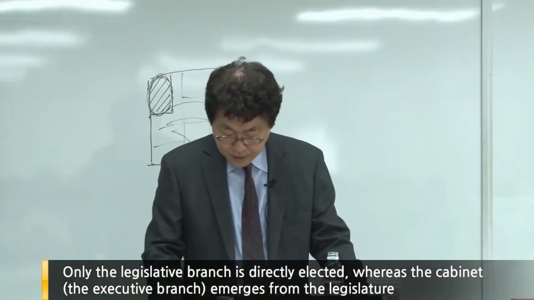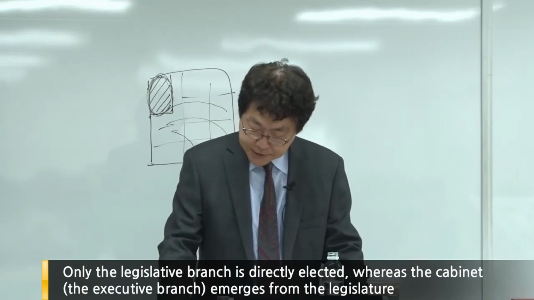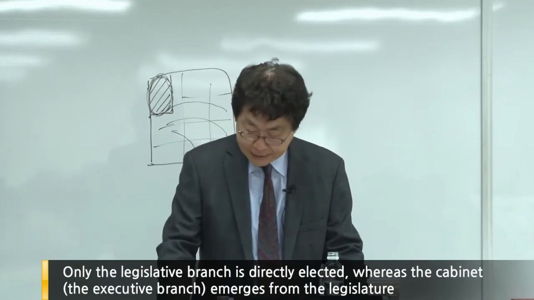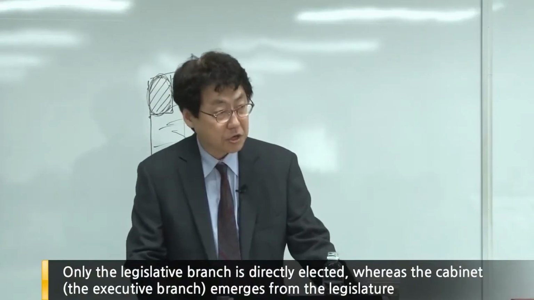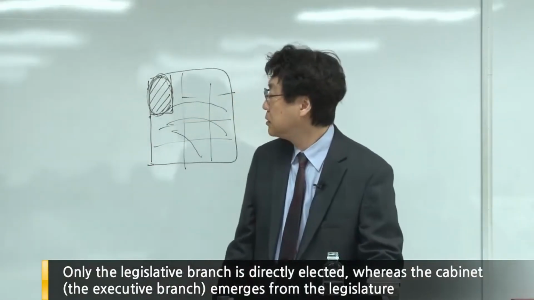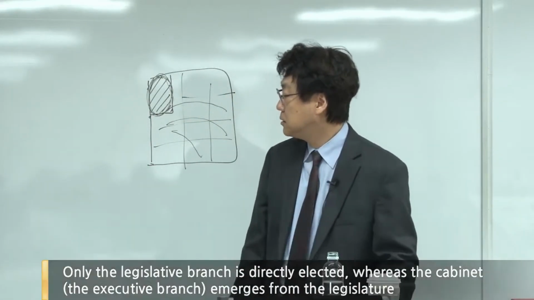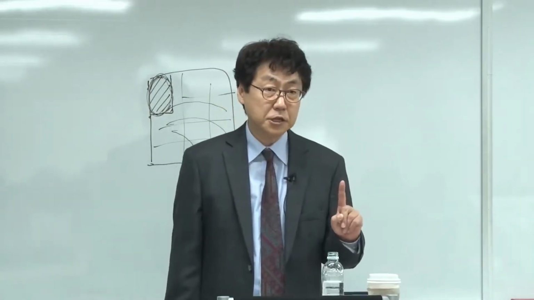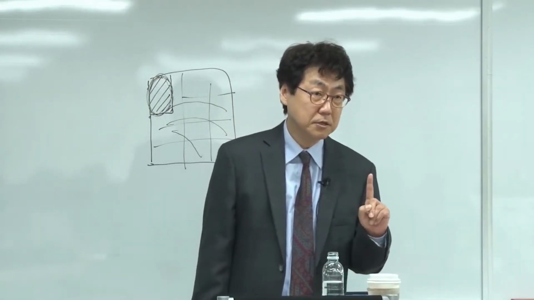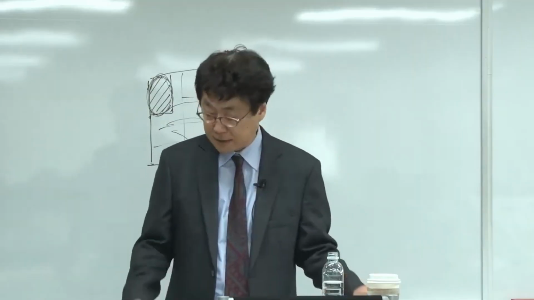Only the legislative branch is directly elected, whereas the cabinet or the executive branch emerges from the legislature. So only one type of election, legislative election. Cabinet is not elected.